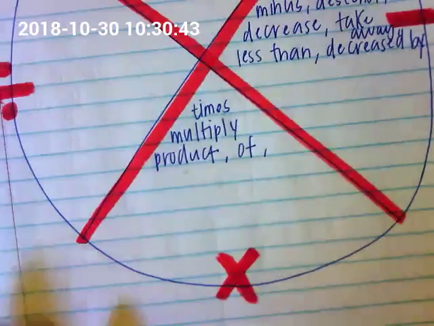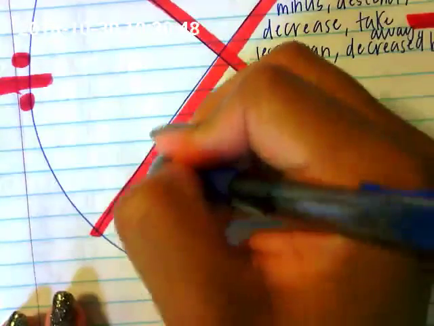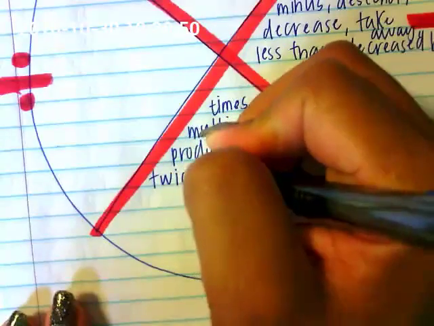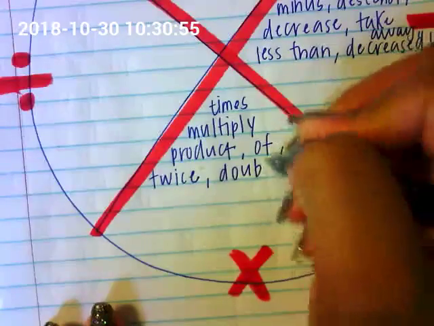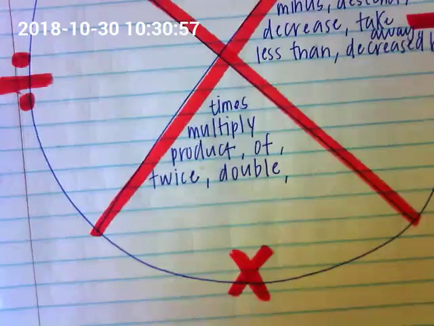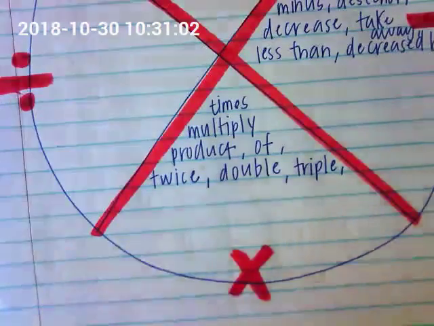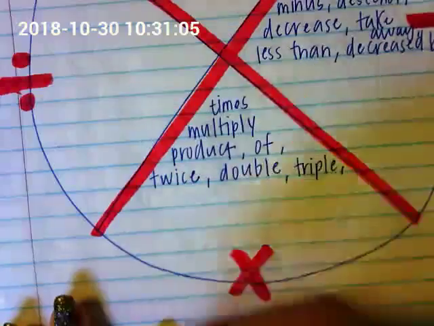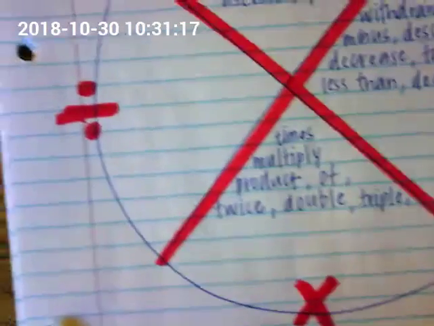If you say that it was twice as much, that's multiplying by 2. So twice. Or double the amount. Double. That's multiplication. Or triple. Those all mean multiply. We just know exactly what number we're multiplying by. I think that covers most of our multiplication.